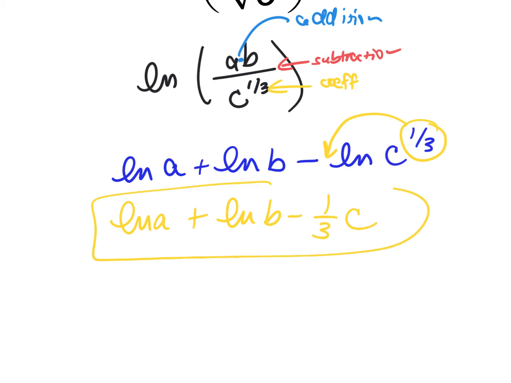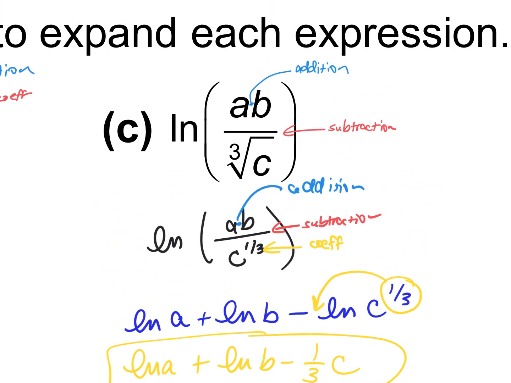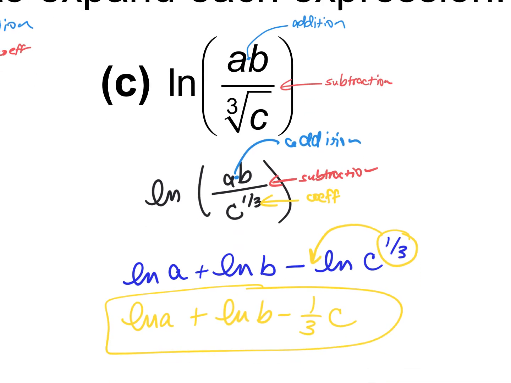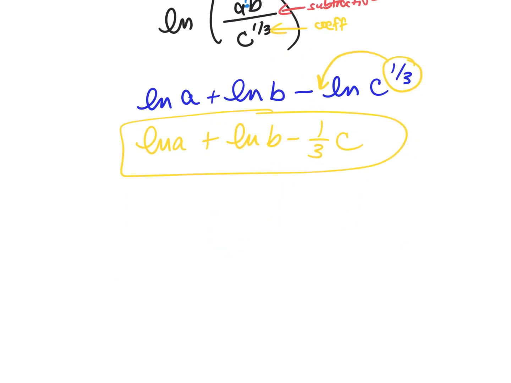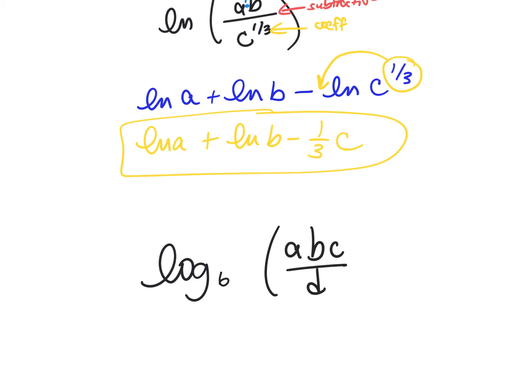Now, you might have a case where your whole entire problem is in a parenthesis with a 1/3 or 1/2 on the outside. Then yes, you'll have one on your homework, but just say it says like log base 6 of ABC over D to the 1/2.